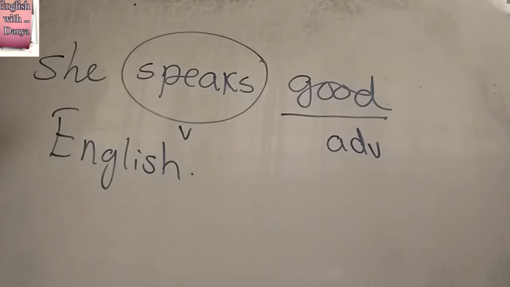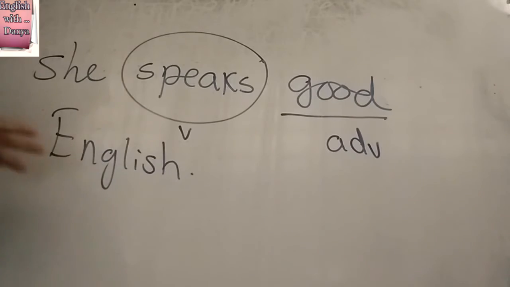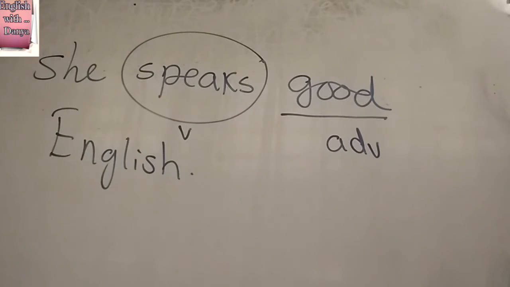All right, so yeah, basically these are the things that you need to do. And also, as I told you, there are those kind of adverbs which are called irregular adverbs, and good here is one of them.